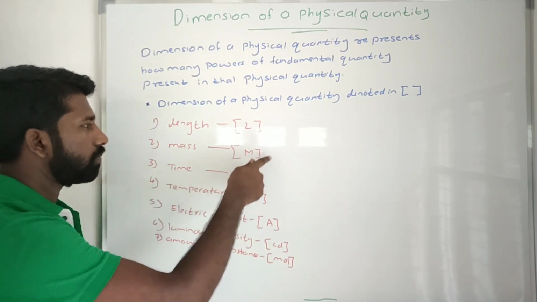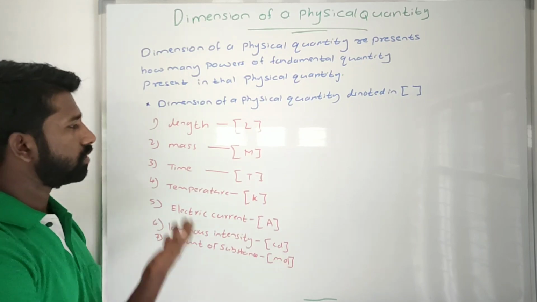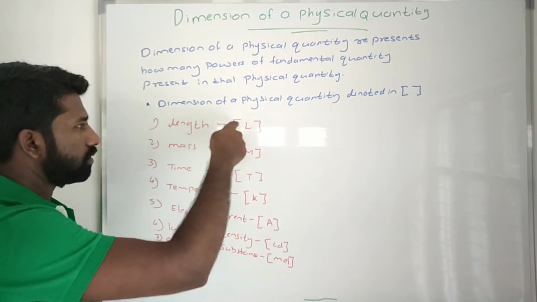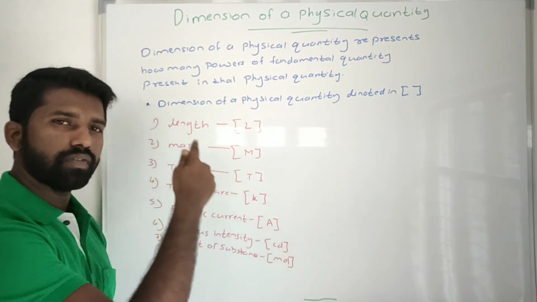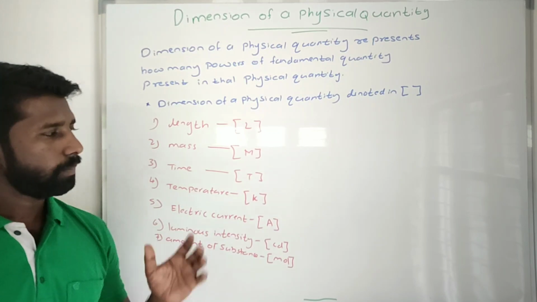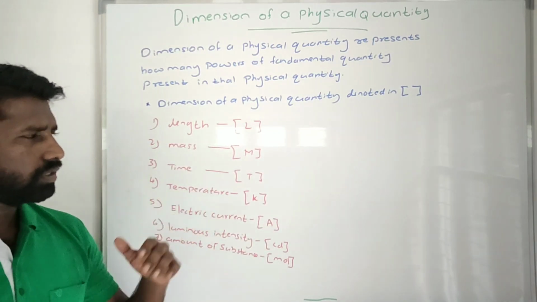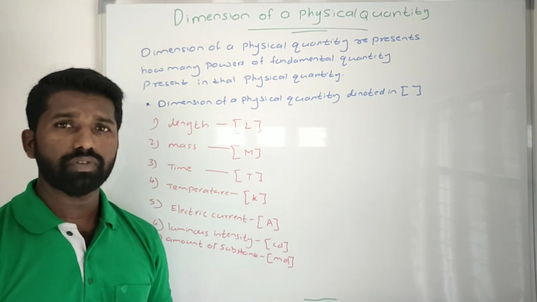So you can easily remember this if you know the order. First 3 quantities, the first letter in capital. Next 4 quantities, the unit itself. This way you can remember this. Clear? Now we will see how we can write the dimension of a physical quantity.